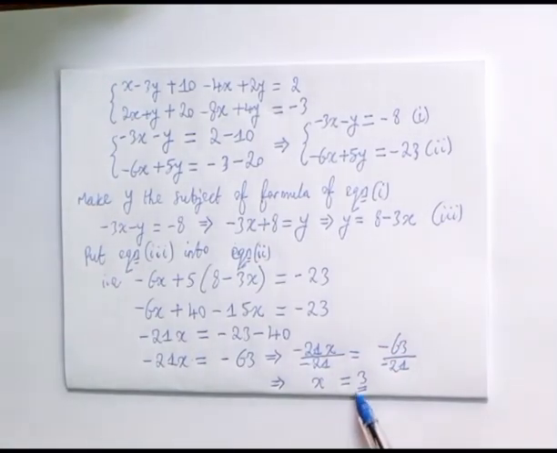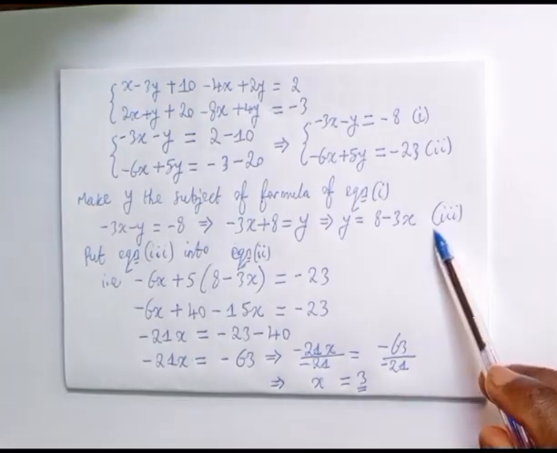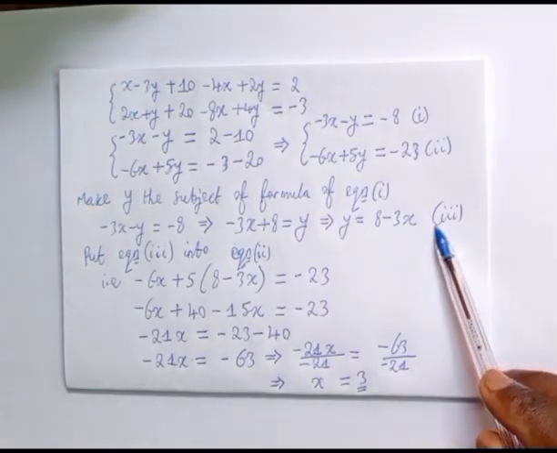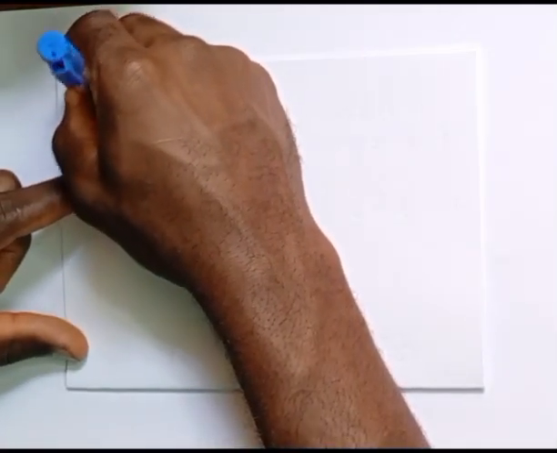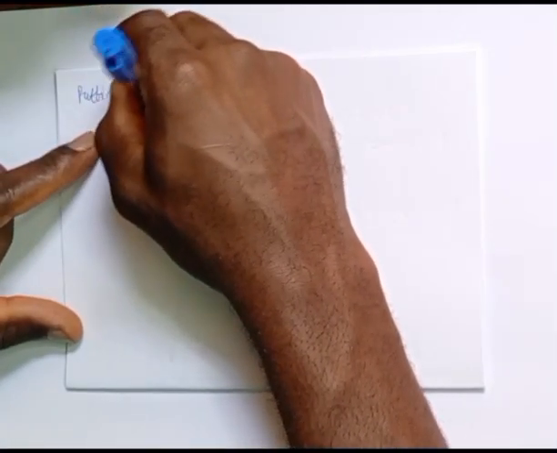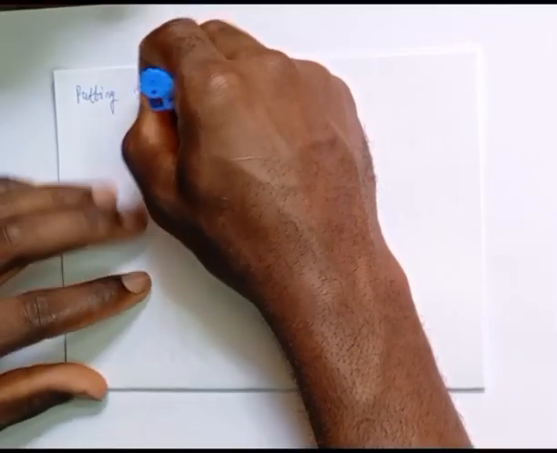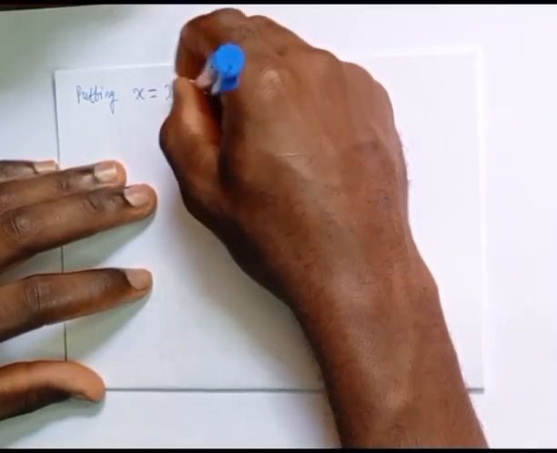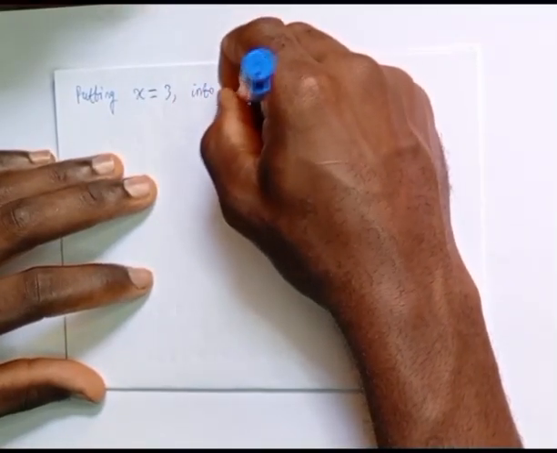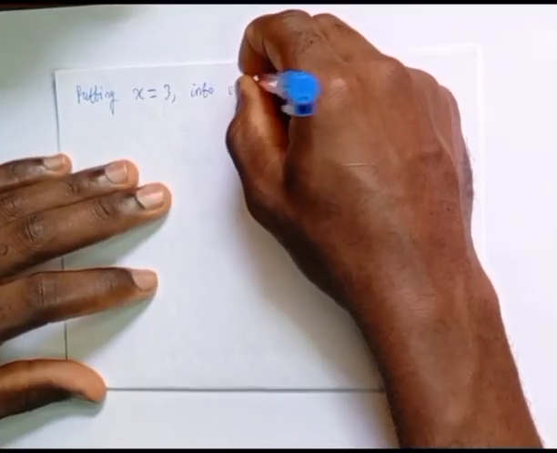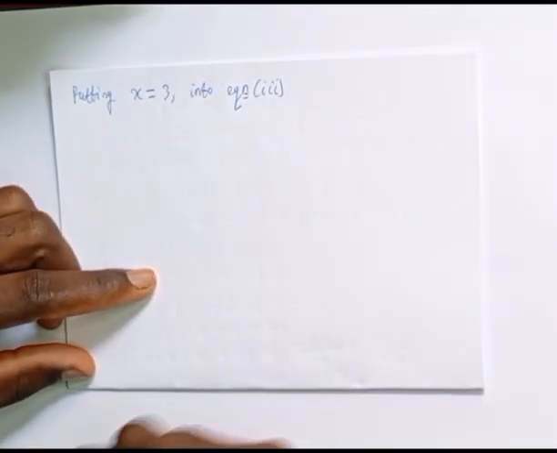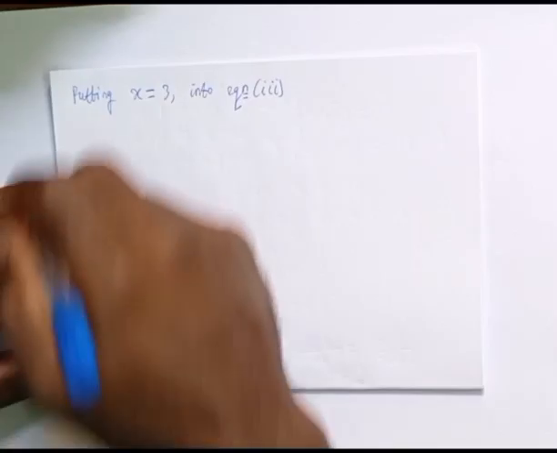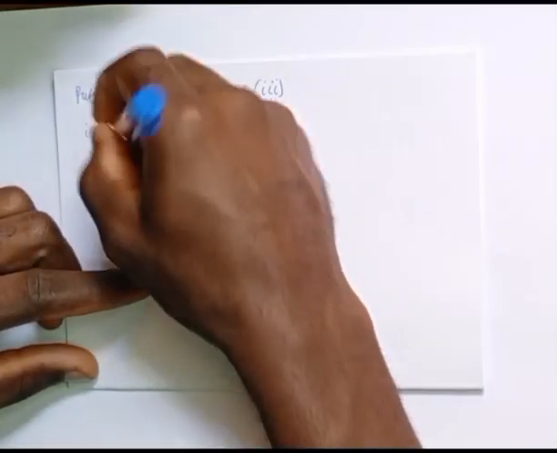Knowing the value of x, we can find y by making use of equation 3I. Now let's find y. Putting x equal to 3 into equation 3I, that means in equation 3I, anywhere we see x, we have to replace x with 3.